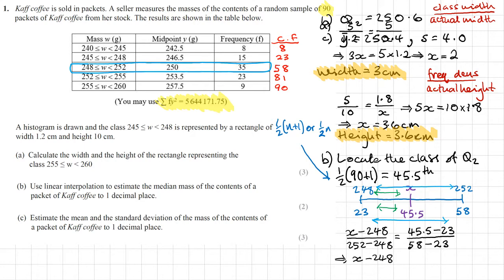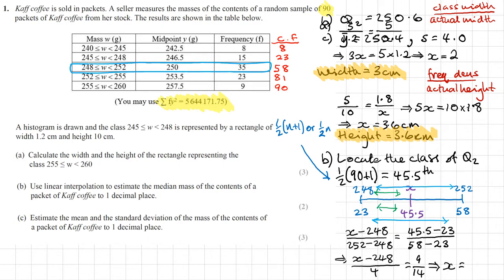Right, so let's work out what we get. 252 minus 248 is 4, and then 45.5 minus 23, or it'll be 45 if you use half n, sorry, so 45.5 minus 23 divided by 58 minus 23, that's 9 over 14. So that's easy enough to solve for x.